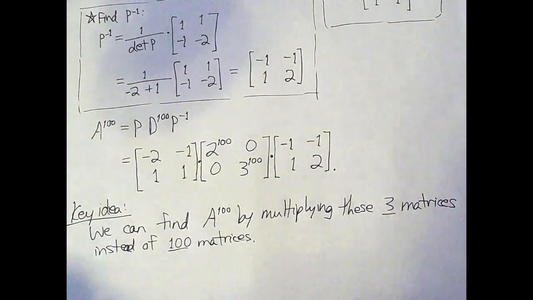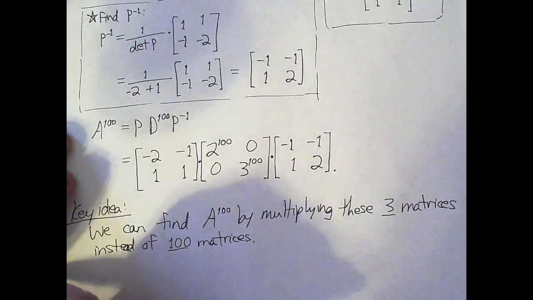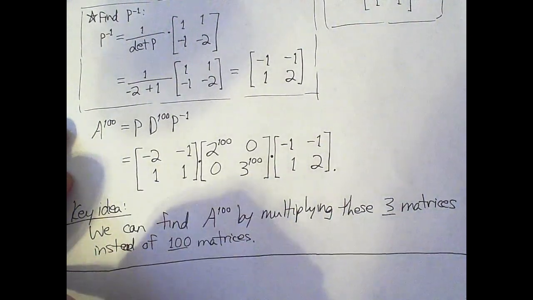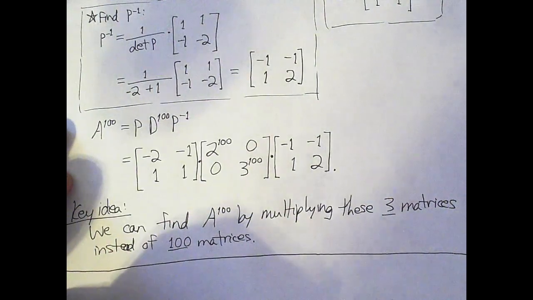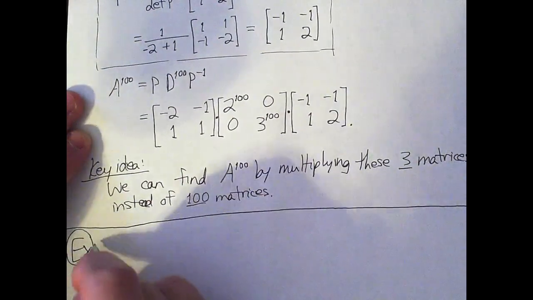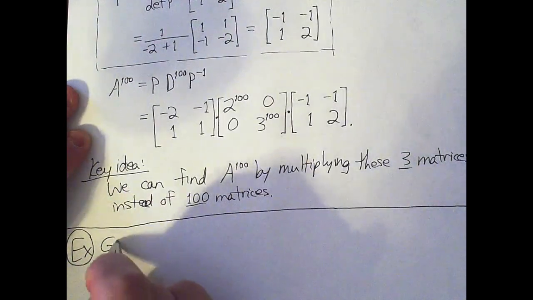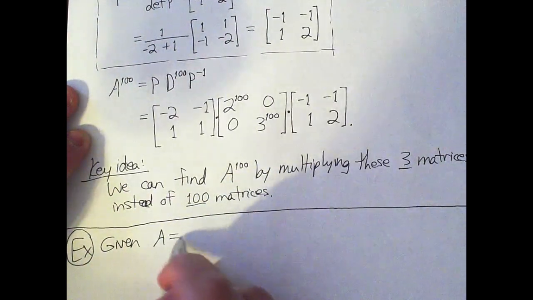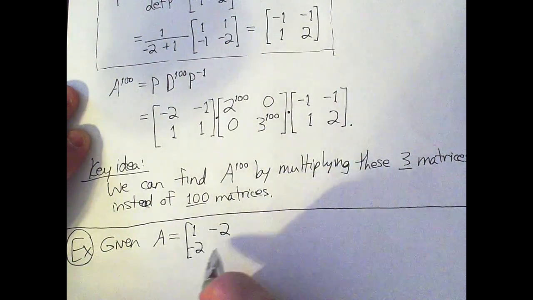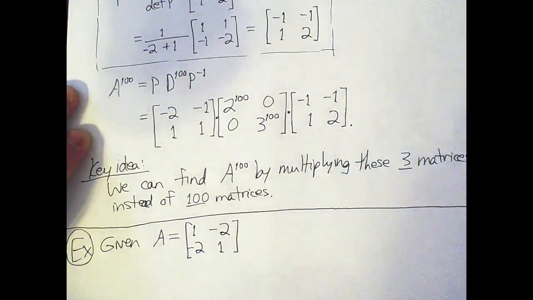All right, so I have a problem that I'd like you to try. I'm not going to ask you to raise anything to the 100th power, but I'm going to give you a 2 by 2 problem. Given A equals [1, -2; -2, 1], there are going to be 3 parts to this.